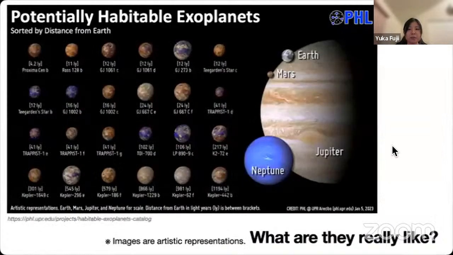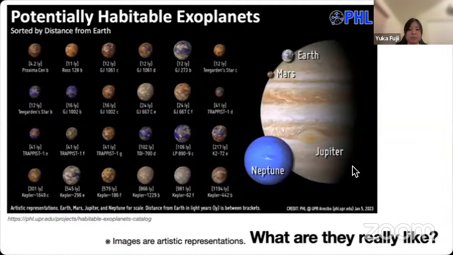As you probably all know, around 20 potentially habitable planets have been discovered so far. And each time one is discovered, various illustrations can be drawn. But of course, they're all artist impressions and the reality could be very different.